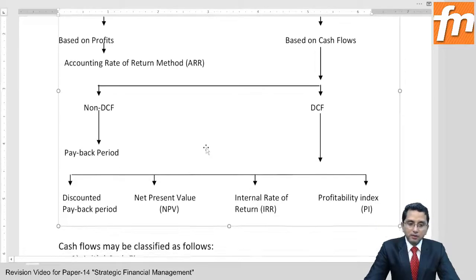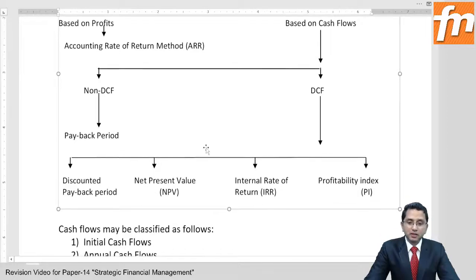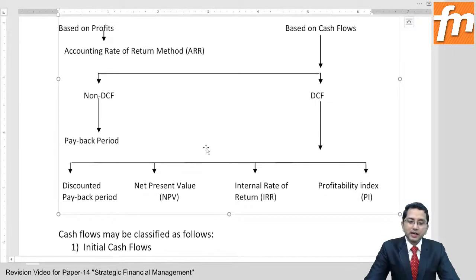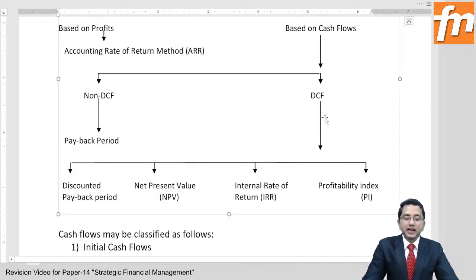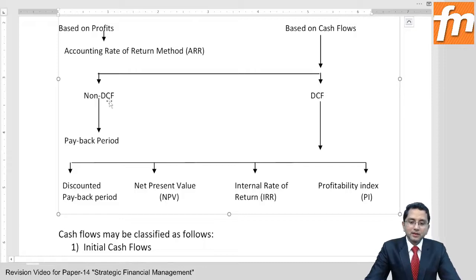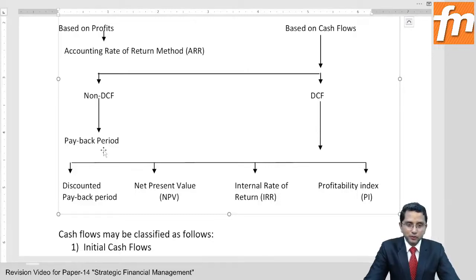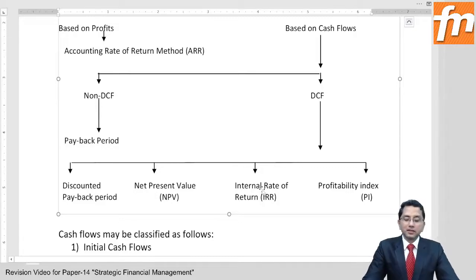Among methods based on cash flows, I can classify them into two parts, non-DCF and DCF. DCF stands for discounted cash flow, the methods where you calculate the present value of cash flow. There is one non-DCF method, the payback period method, where you do not calculate the present value of cash flows. And then there are four DCF methods, where you do calculate the present value of cash flows.